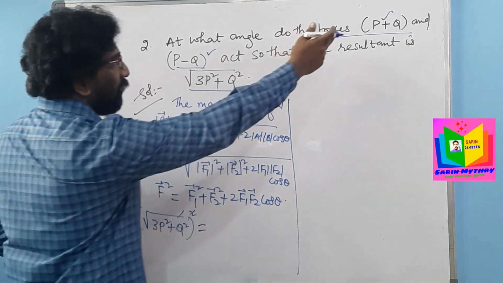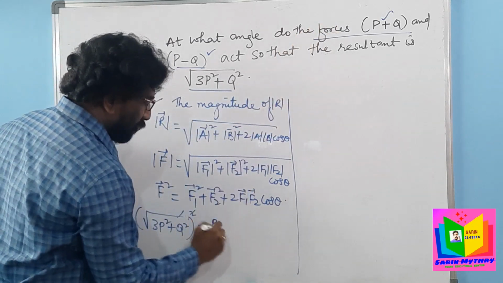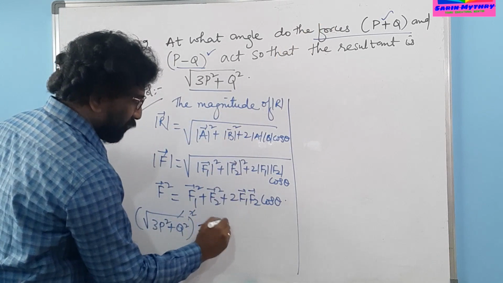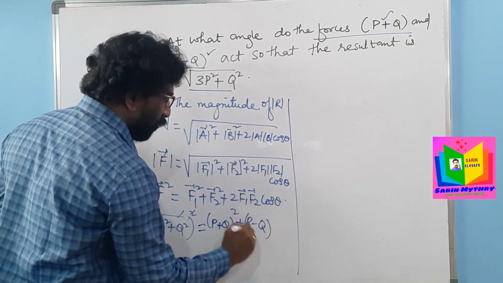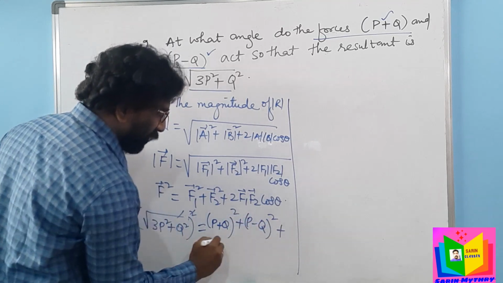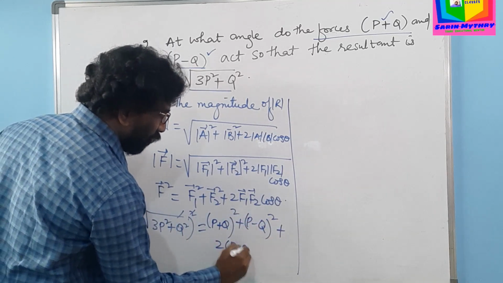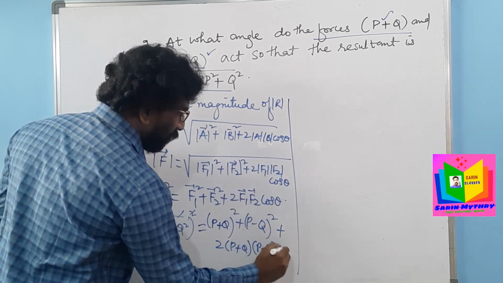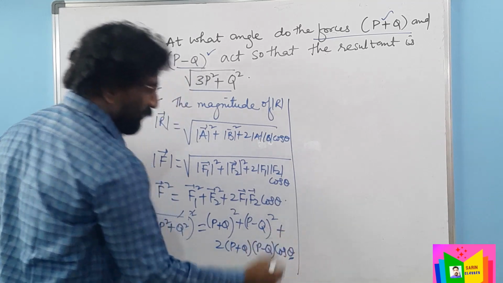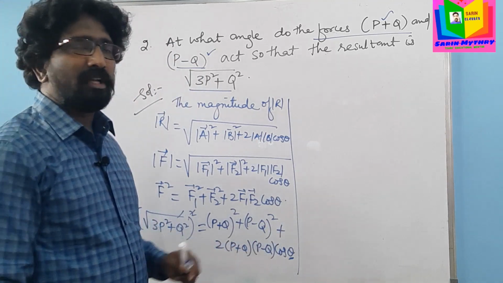F1 is P plus Q whole square, plus P minus Q whole square for F2, plus 2 times P plus Q into P minus Q into cos of theta. And this theta only we are supposed to find in this particular numerical.